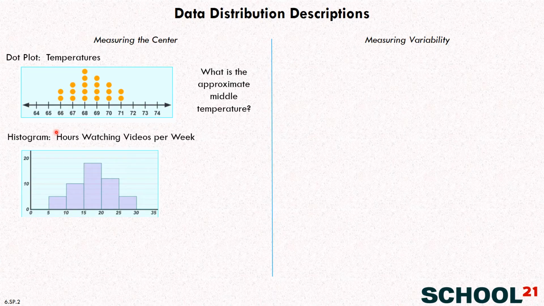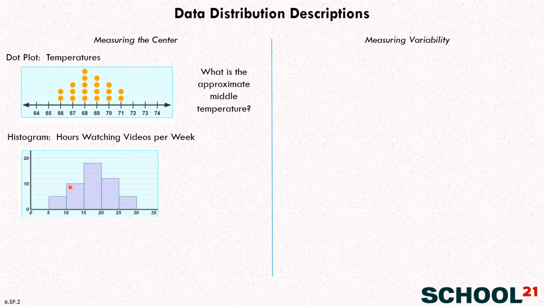So unlike a dot plot where 66 and 67 and 68 are broken out like that, here if there's 11 or 12 or 13, it'll go in this range right here, 10 through 15, and you don't see the 11 and the 12 and the 13. You just see that there was a bunch of data points, you can read here on the axis, that were in the range of 10 to 15. So histograms put the data into ranges.